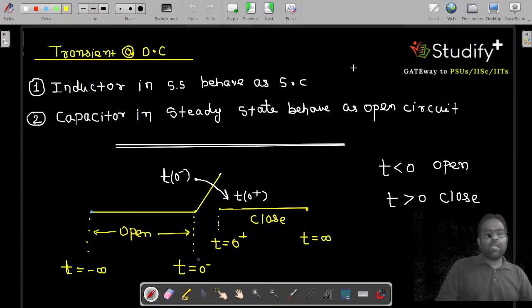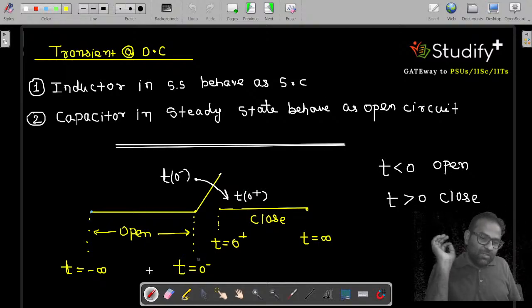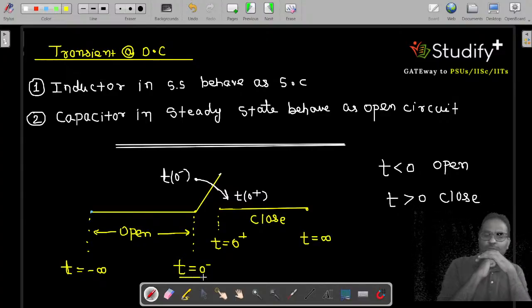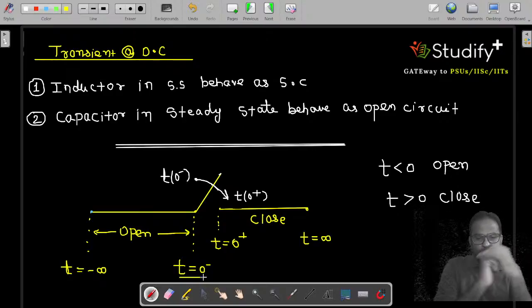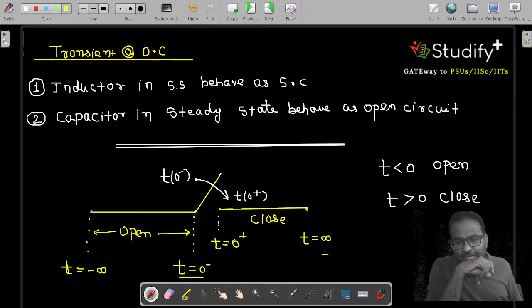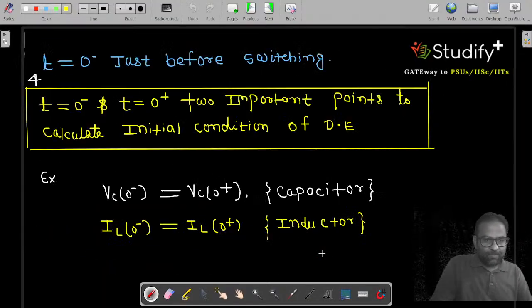As we know, a capacitor will act as an open circuit in the steady state, and an inductor will behave as a short circuit. So can I say, if my switch is open, t equal to 0 minus is the steady state point, and t equal to infinity is the steady state point when the switch is closed.